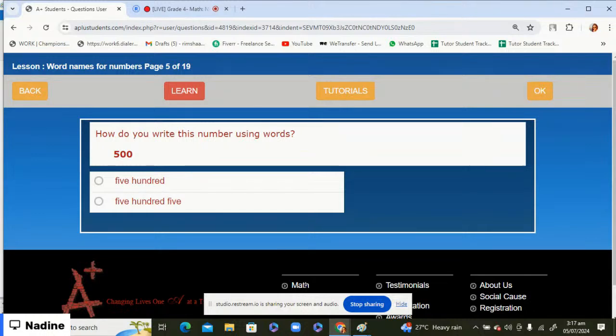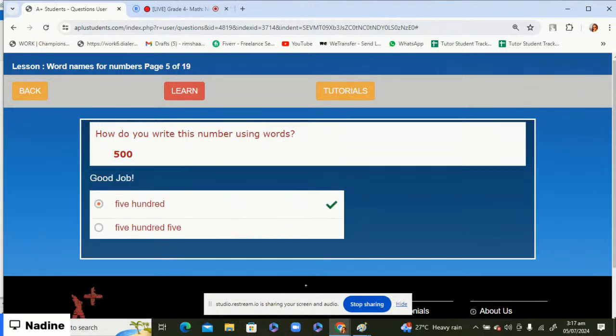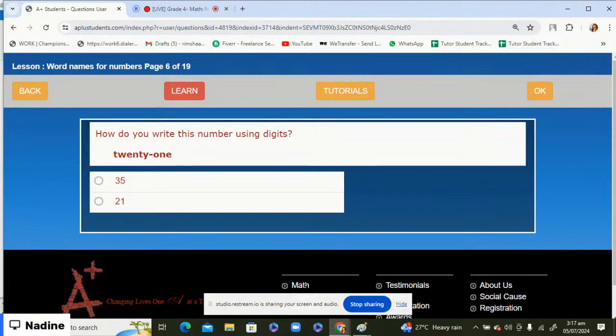So this is the option A, 500. How do you write this number using digits? 21. It's 35 or 21. Which one is the right answer? It's 21. Okay.